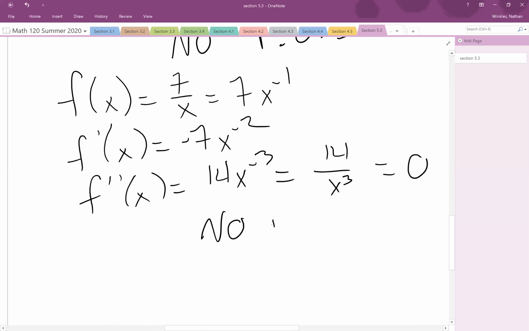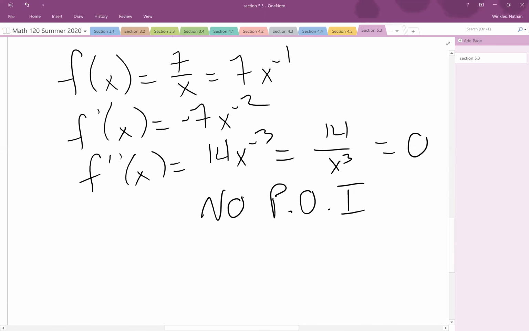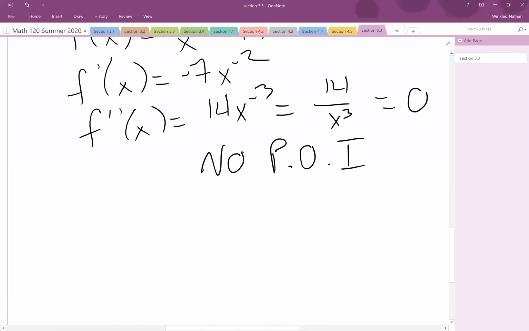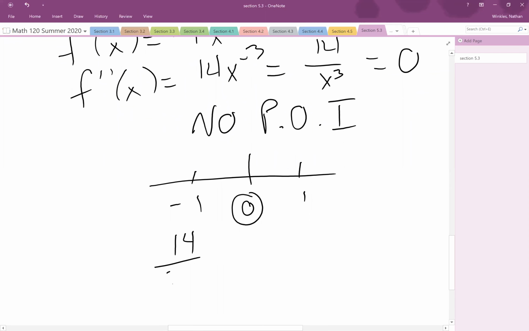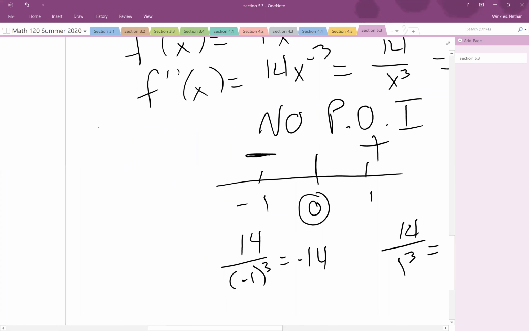Again, there are no points of inflection, but we do have places we could test around 0. So plug in negative 1, plug in 1. 14 over negative 1 cubed is negative 14. We get a negative. 14 over 1 cubed is 14. We get a positive. So therefore it's concave up.